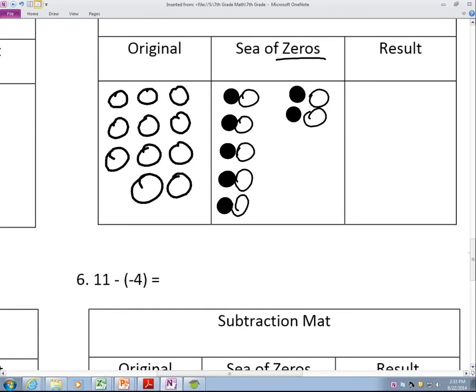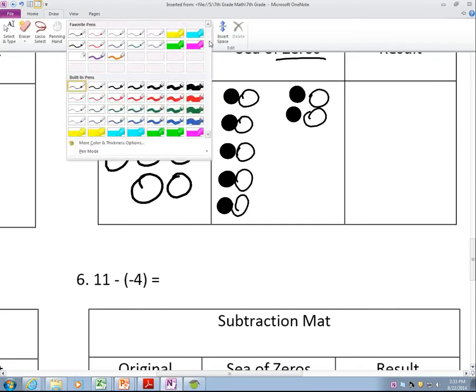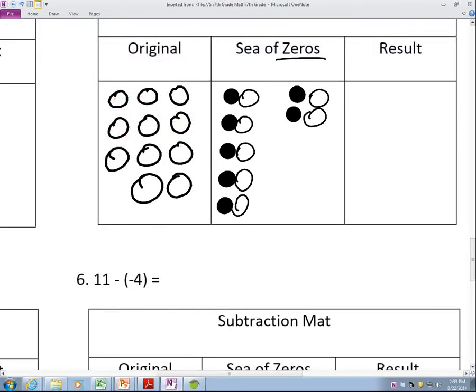What are we taking away, Charlie? We are taking away negative what? And how many? We're taking away 7. Positive or negative? Negative. So we're taking away 7 negatives again. So I'm going to circle these guys. Those guys are out of here.